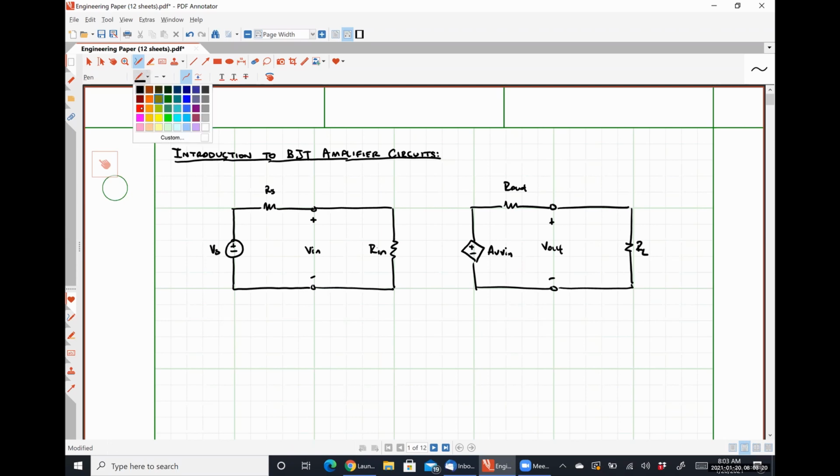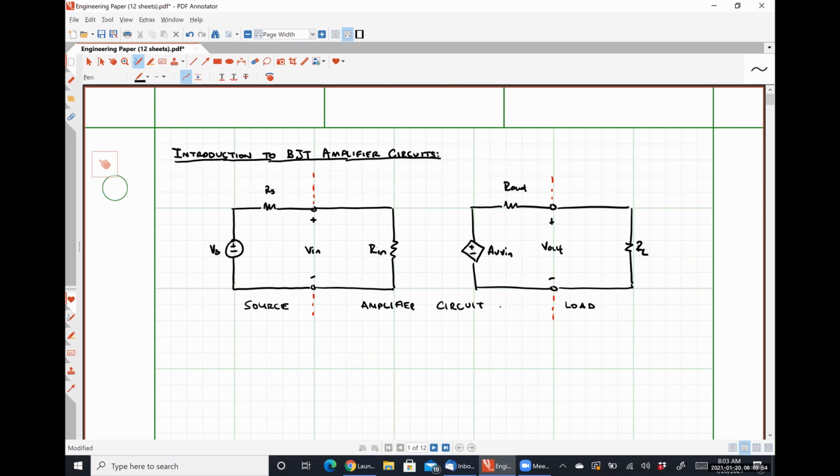Just to be clear, this stuff over here to the left would be considered our source. This stuff over here to the right would be considered our load. And here in the middle, we have our generic amplifier circuit.